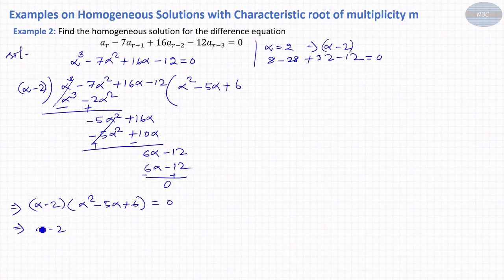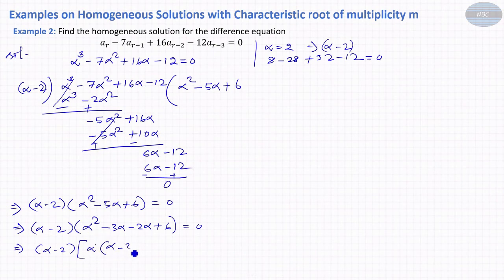Now let us factorize this particular term. So this minus 5 alpha can be written as minus 3 alpha minus 2 alpha plus 6. Take alpha common here, this is alpha minus 3. Take minus 2 common here, it is alpha minus 3.